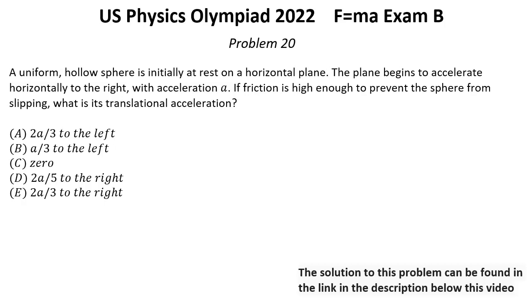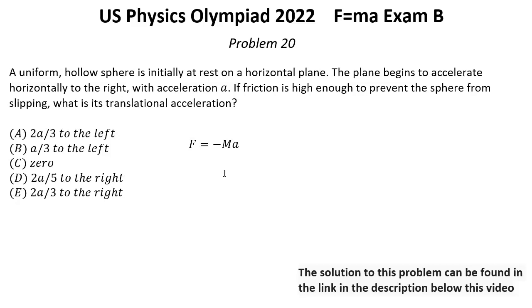Solution for problem number 20. It's easiest to begin by working in the non-inertial frame of reference of the plane. In this frame there is a fictitious force on the sphere directed to the left. This is why it's negative ma, effectively acting at its center.